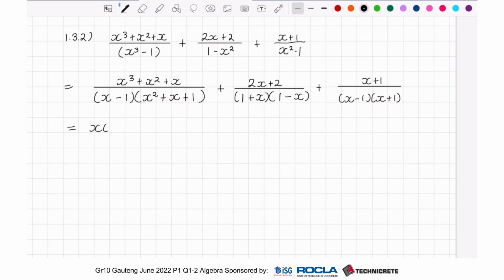So I'm taking out a common x here. And my denominator stays the same. And then these two cancel out.